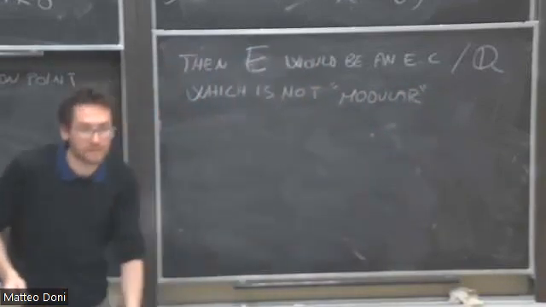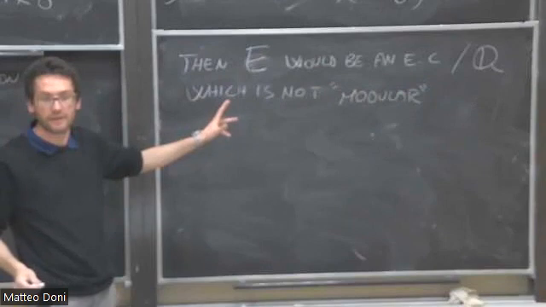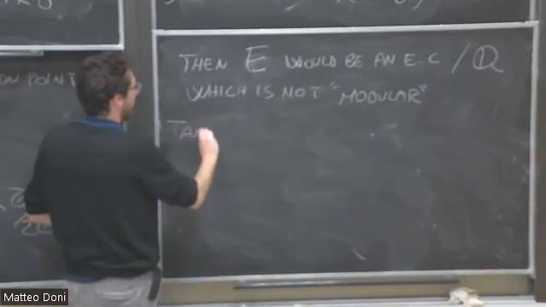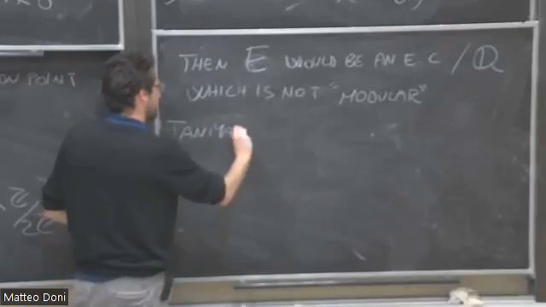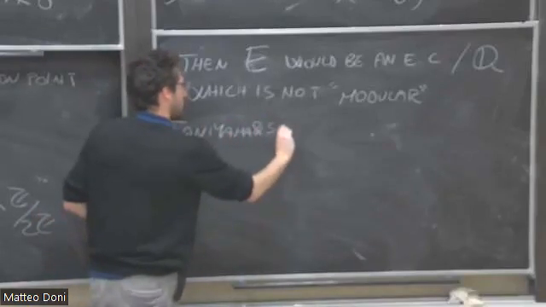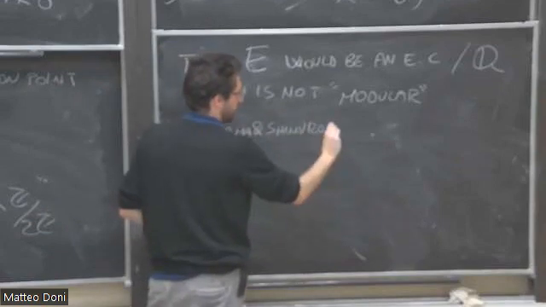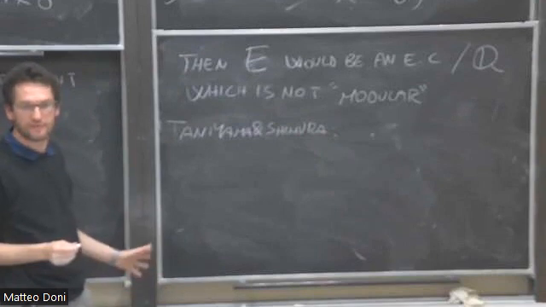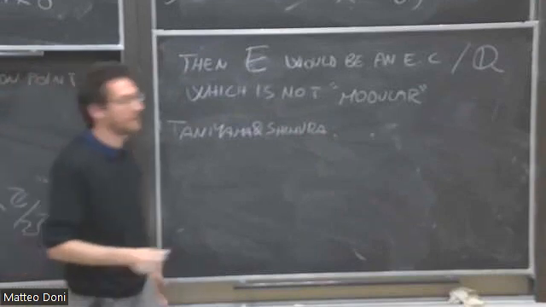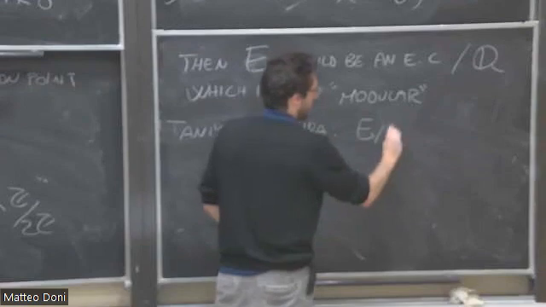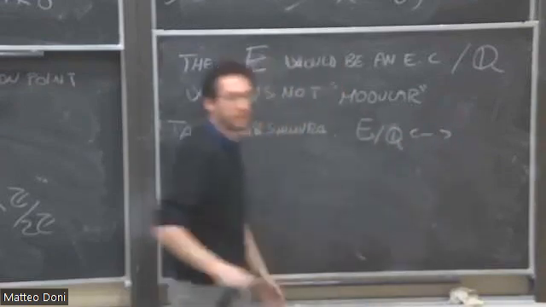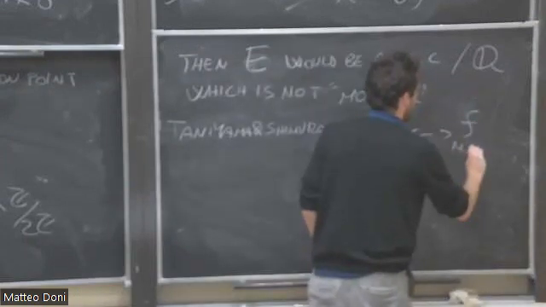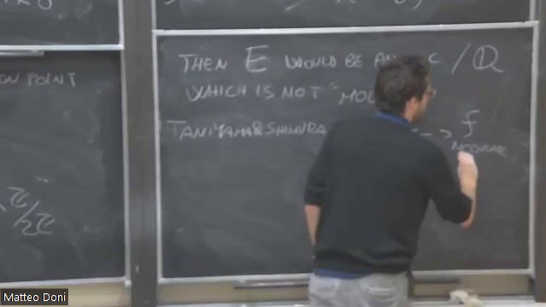What does modular mean? This is a technical thing, in the sense that there was this conjecture by Taniyama and Shimura, I think from the 50s or 60s, which states that every elliptic curve over the rational numbers is associated to an object which is called a modular form.